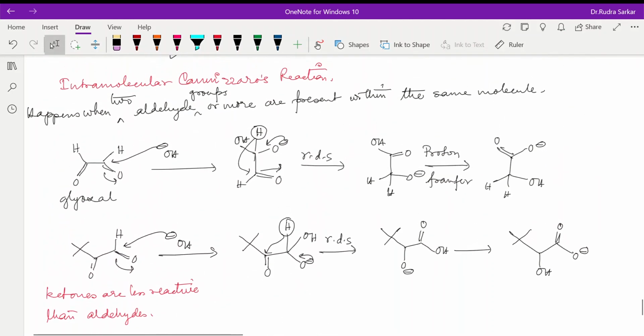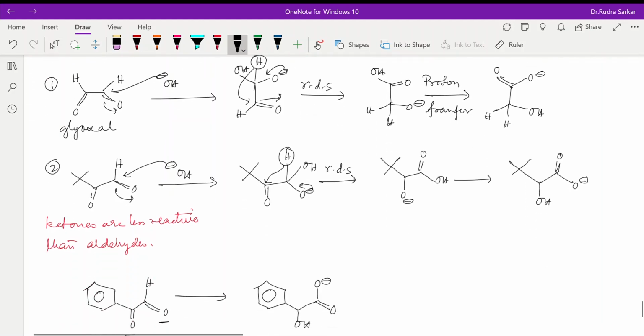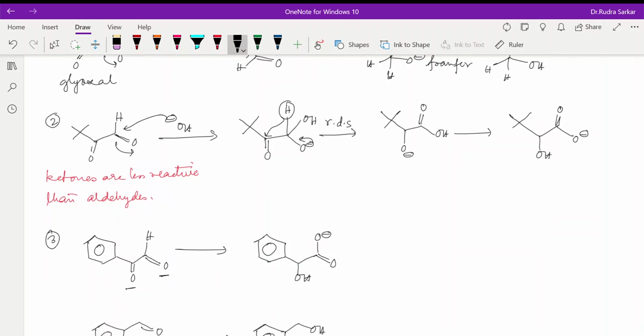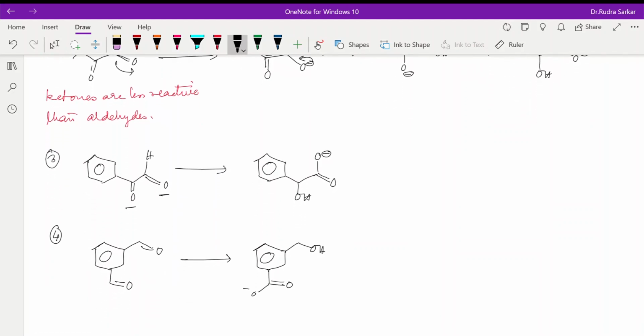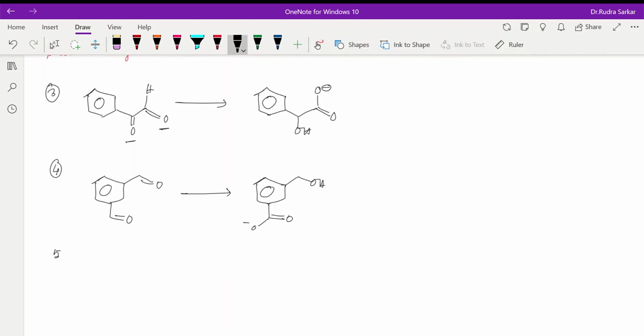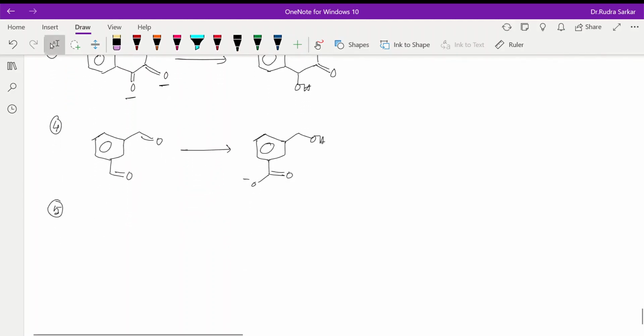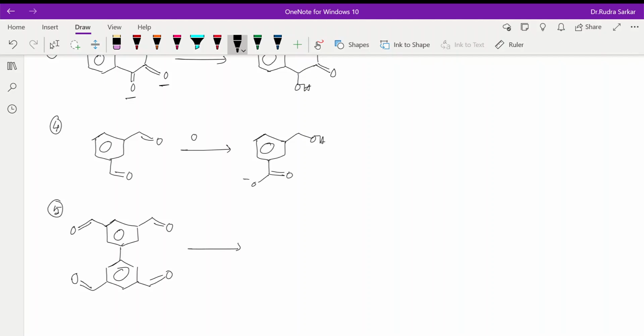Okay, so this is 1, this is your 2, that is your 3, this is your 4, number 5. I think this once came in the IIT Advanced exam. Just an extension of the problem 4 over here.